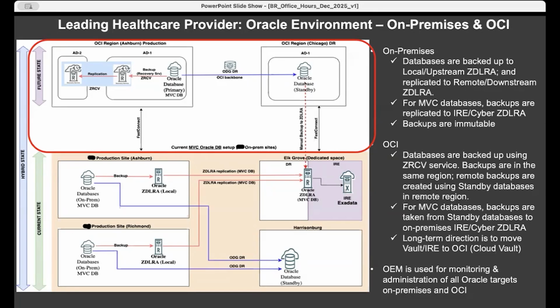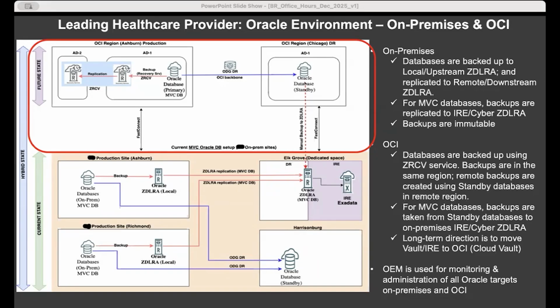Now, because we have cyber resiliency that we need to implement, we have DR databases set up, standby databases using Oracle Data Guard. Those databases are in the remote region. This is our primary region, which is in Ashburn, IAD, and the DR region is ORD Chicago.